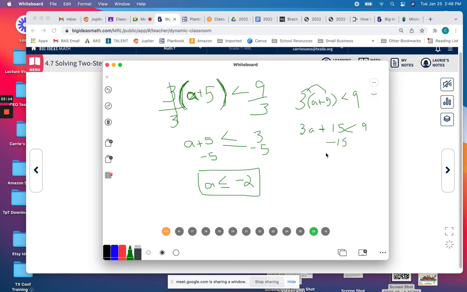What's 9 minus 15? Negative 6. And then divide by 3. We'd get a is less than negative 2. You see, no matter which method I use, it comes out to be the same?